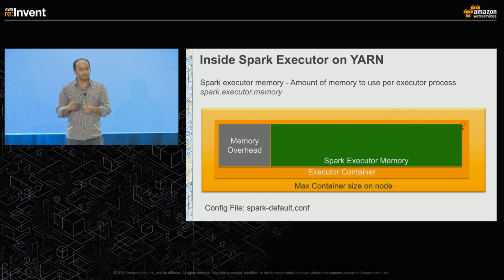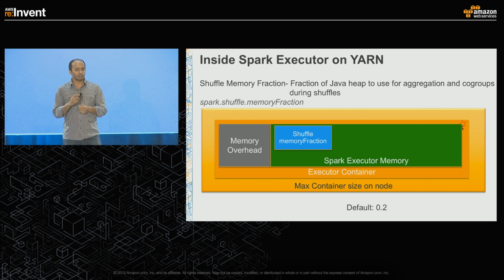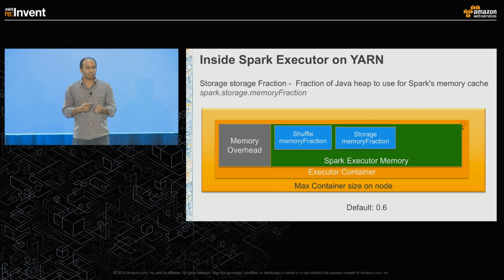In this memory space you have 2 things. One is your shuffle memory fraction, the fraction of the Java heap space used for aggregations and cogroups. So when you're doing an aggregation in your Spark job, this space is used. The other space is the storage. These 2 are the memory fractions which you consider, and for storage the default is 0.6.